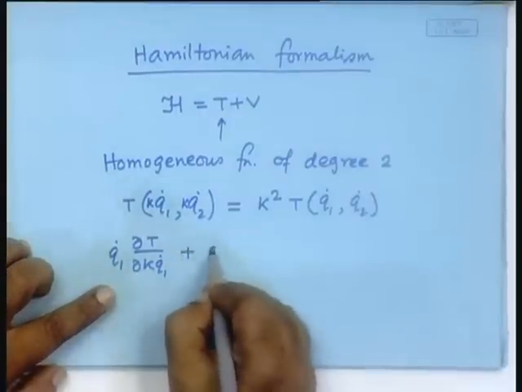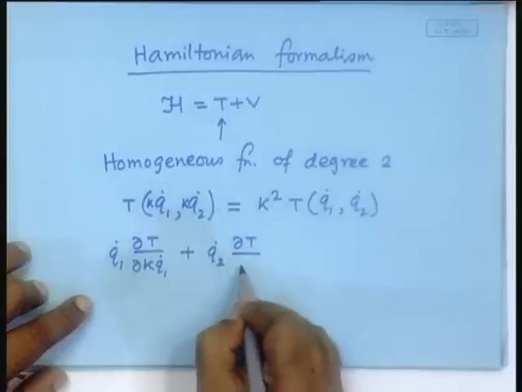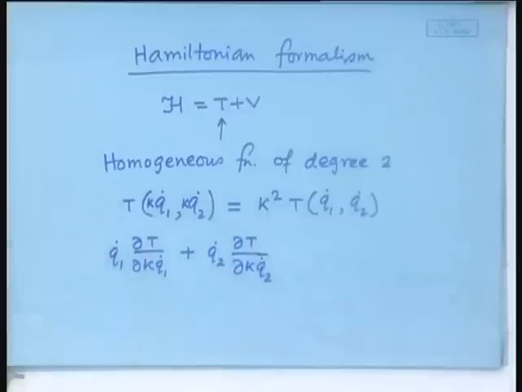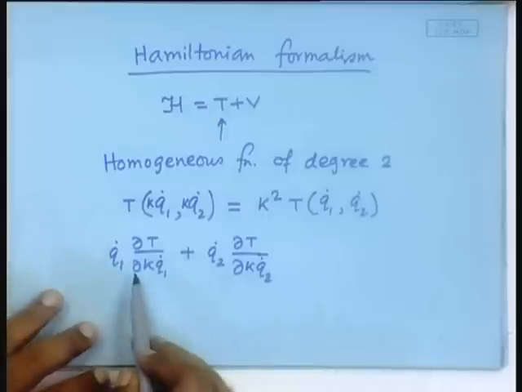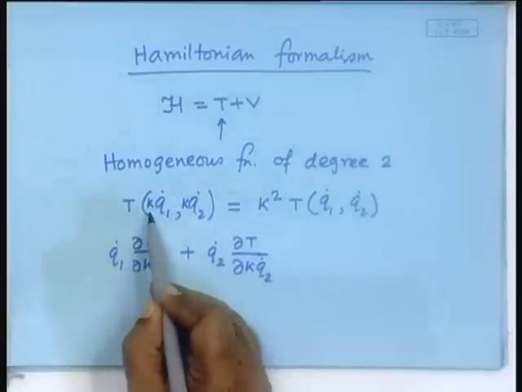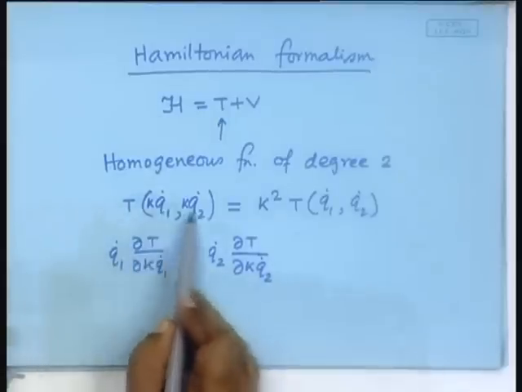The second term will be q2 dot times the derivative of T with respect to k q2 dot, right. I am differentiating with respect to k using the chain rule. It is a function of two things.